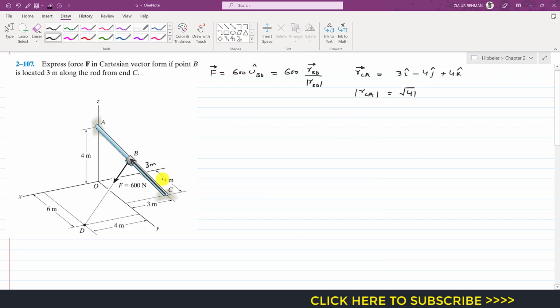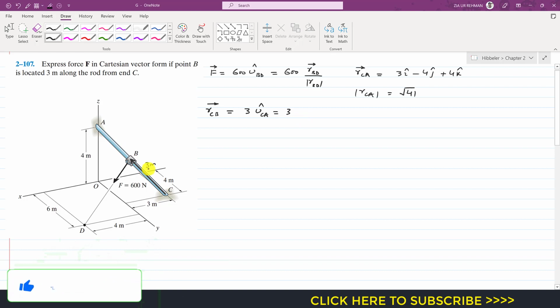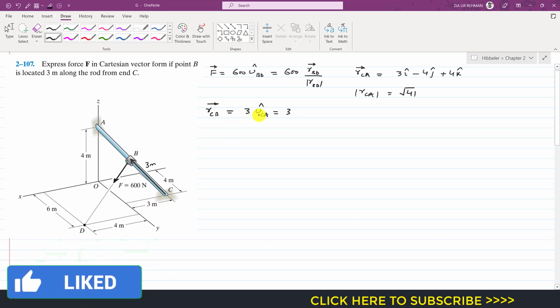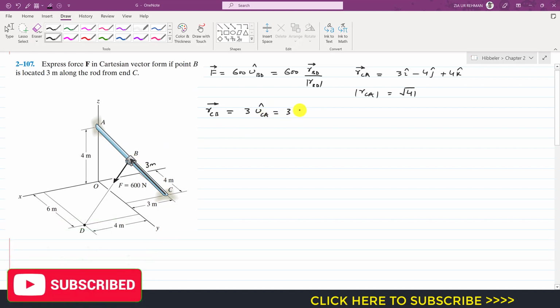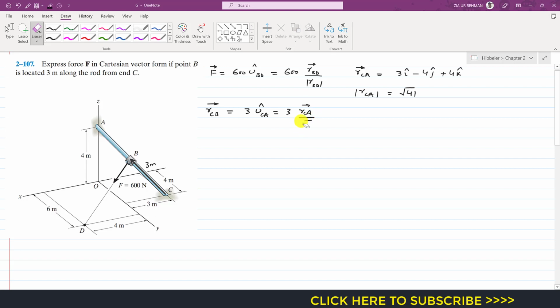Now if you want to find the position vector from C to B, this will be equal to its magnitude, which is 3 meters, multiplied by the unit vector from C to A. Since vector CB is directed along CA, we can use that unit vector from C to A. So this will be the RCA position vector divided by its magnitude, and its magnitude is square root 41.